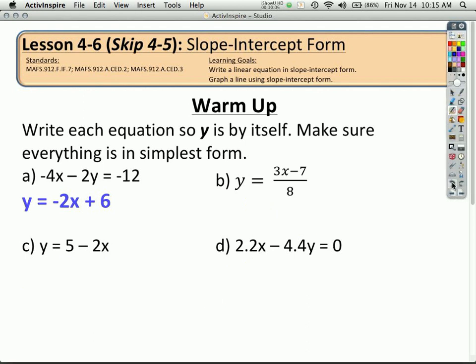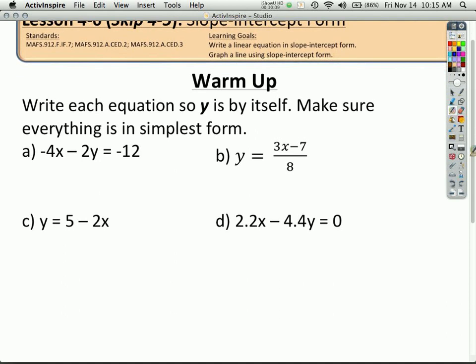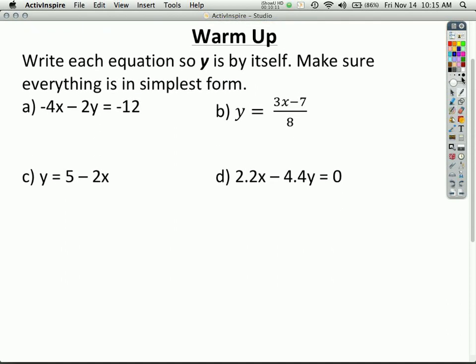Let's rewind. First of all, you already learned how to do all of these. You may not remember, but you actually were taught. So let's start with the easy ones, and let's start with part C. There's something that I've been saying for several weeks now that made the people who got it right get it right very simply. So Essence, you were the first person who responded, and you said that it's y equals negative 2x plus 5.